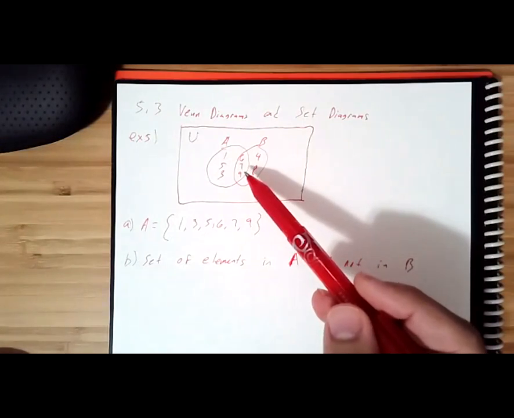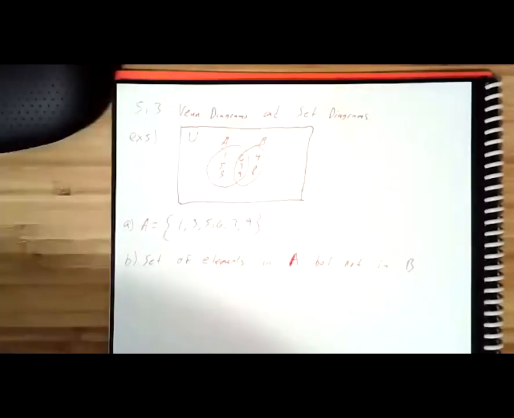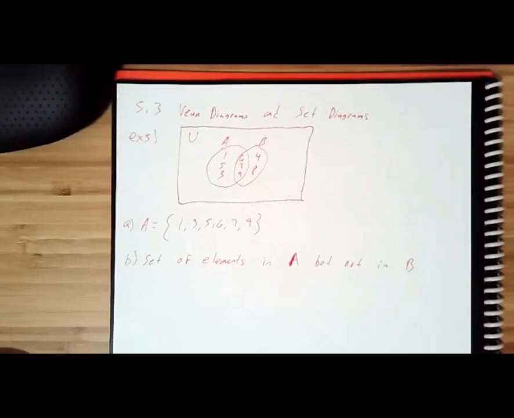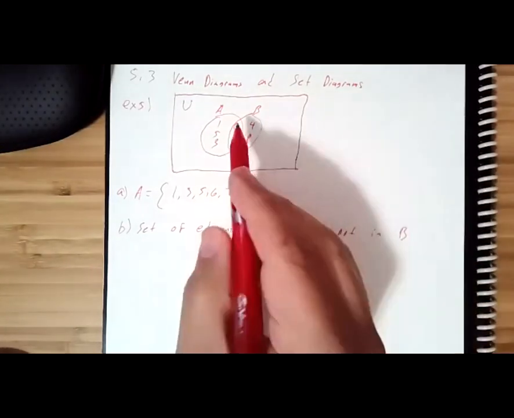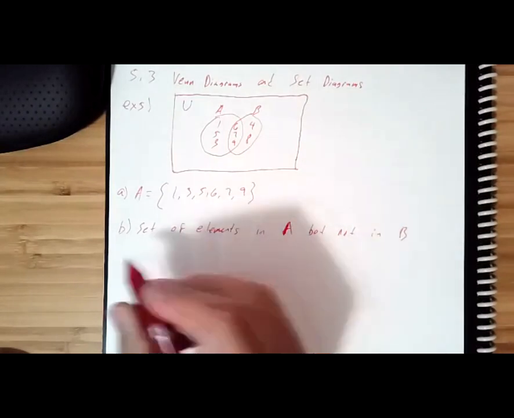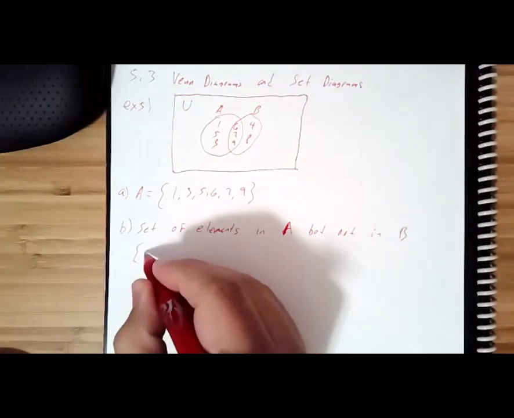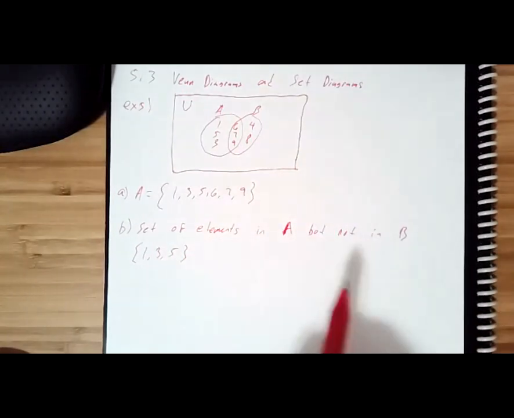So we only want the stuff in A, but not B. So that would just be the 1, 5, and 3. So the set would be 1, 3, 5. That makes sense.